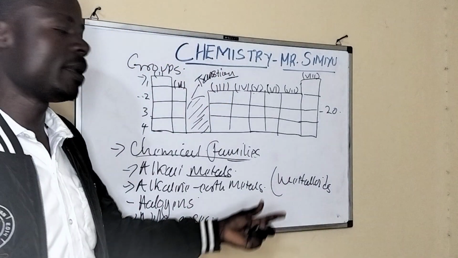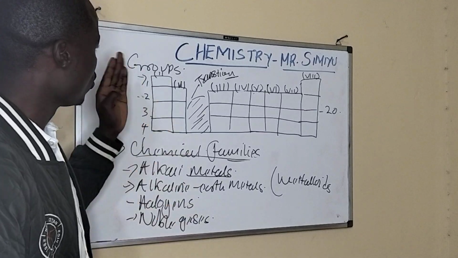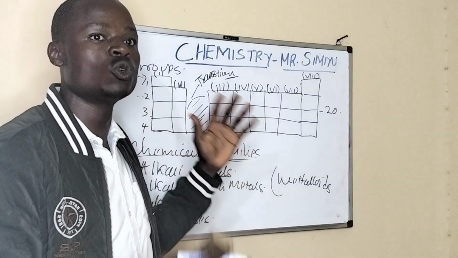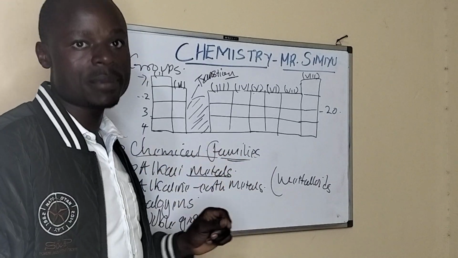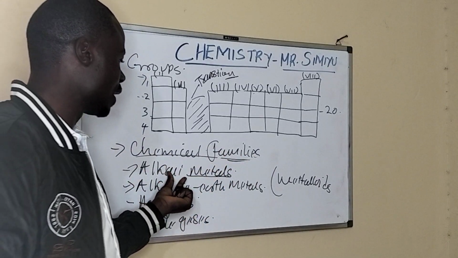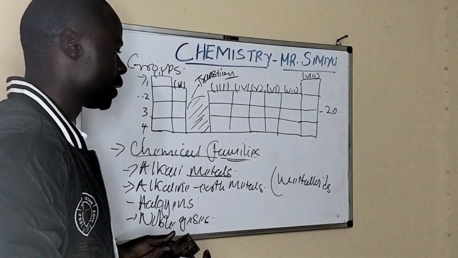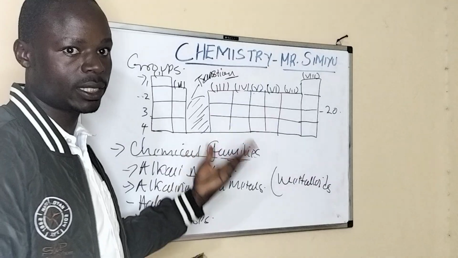So we have said that those elements have been arranged in groups in a periodic table, and also they have been grouped into chemical families. Chemical families, we have said that these elements have similar chemical characteristics, chemical properties. You will find that in physical properties you might see some similarity.